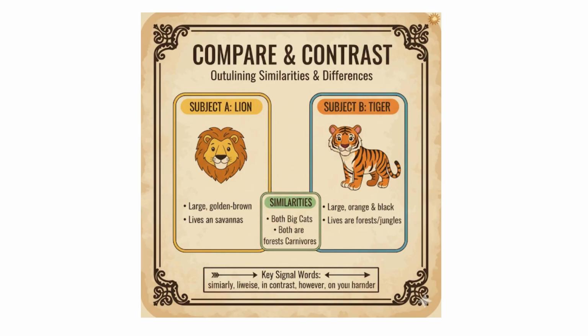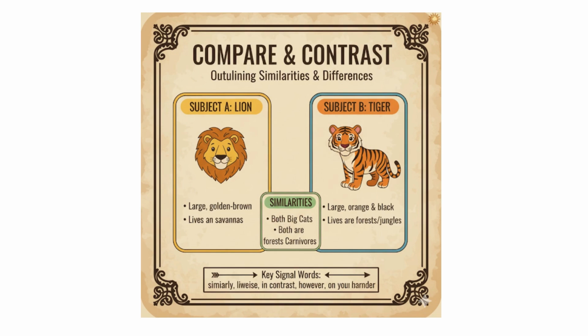Here's an example. While a cat is independent and curious, a dog is loyal and friendly. This sentence compares a cat and a dog, highlighting the differences and similarities. Another compare and contrast could be comparing a lion and a tiger.